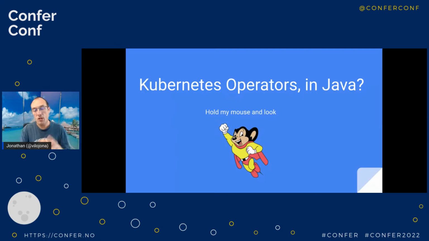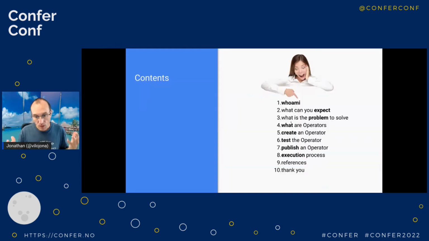Kubernetes operators. Let's start with the agenda of this presentation. First, I will introduce myself. It's important that you know who is talking to you. And also, what can you expect of this presentation?